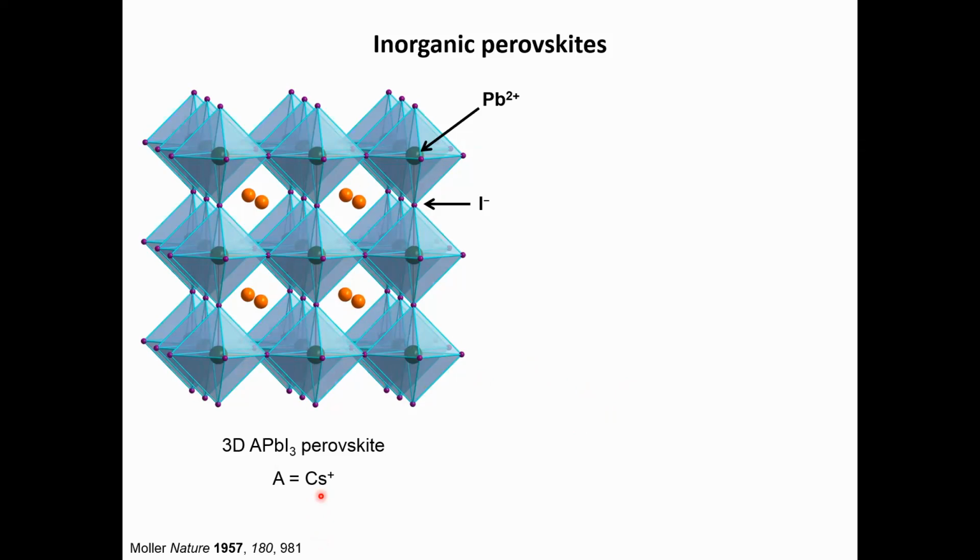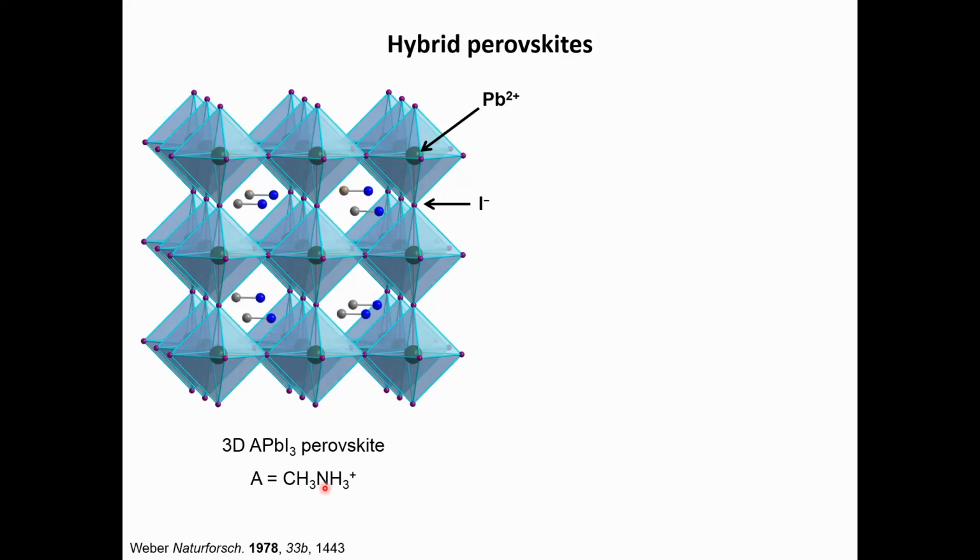But you can also imagine shoving small organic molecules into these cavities that still have a positive charge, like methylammonium. And in this case, this material has an inorganic component and an organic component. So these materials are called hybrid or organic-inorganic halide perovskites.